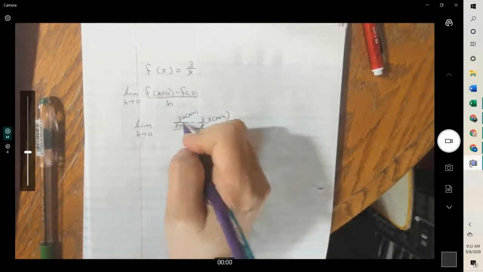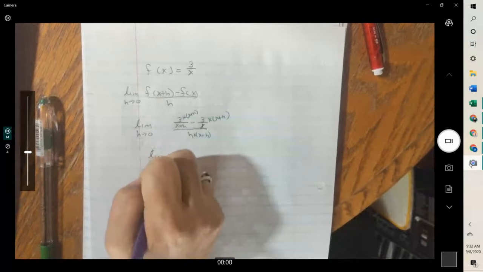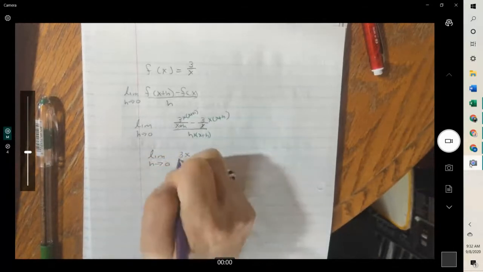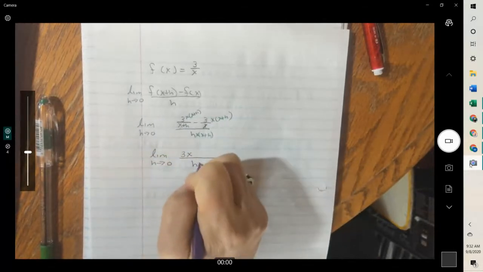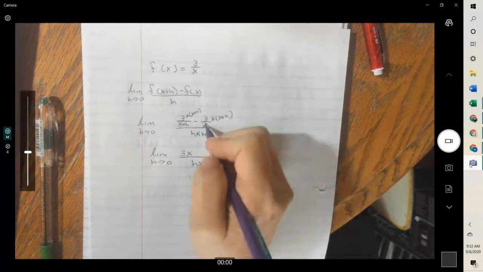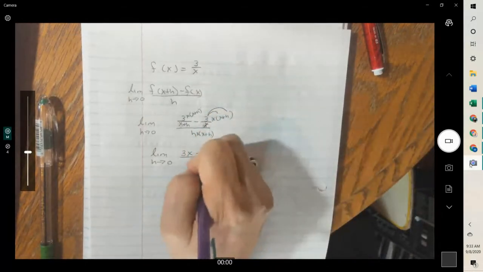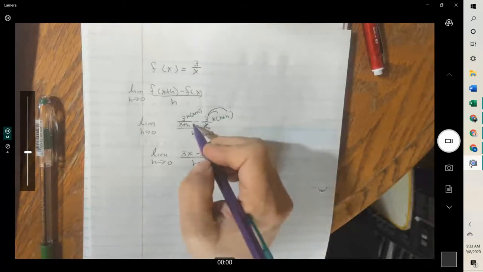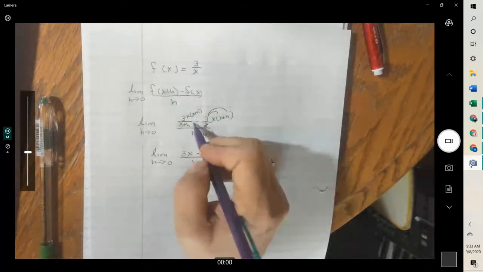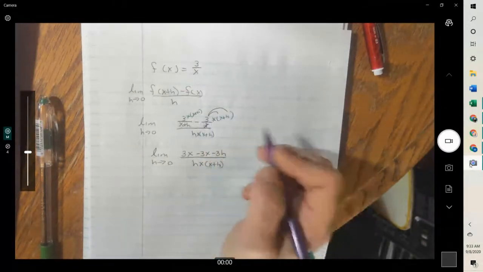The first one, the x plus h's cancel and leave 3x. We're not going to touch the bottom. And then the next one, the x's cancel, and you can distribute the negative 3. I use negative because of this minus. So negative 3 times x is a negative 3x, negative 3 times h is a negative 3h.